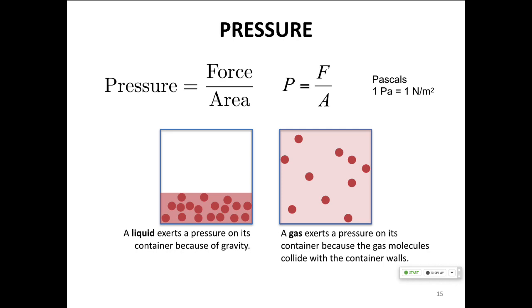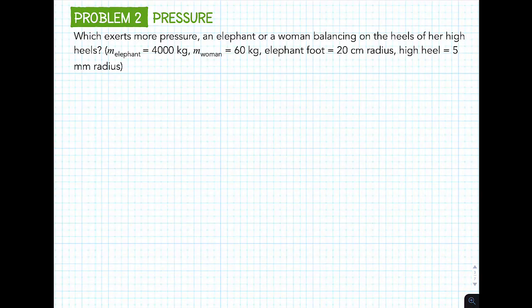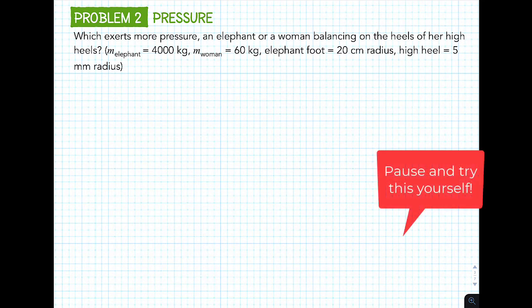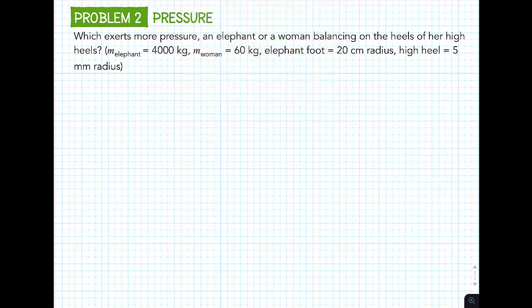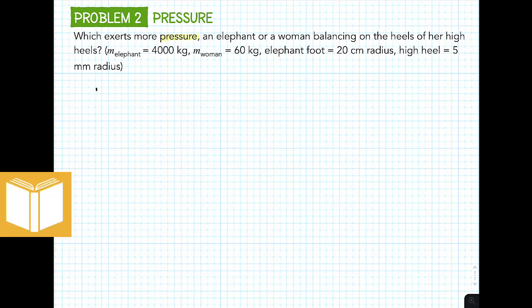Mostly down and then slightly out. Okay, so here we want to know which thing exerts more pressure. So we want to highlight the idea that our definition of pressure is equal to force over area. So that's what we're looking at here.